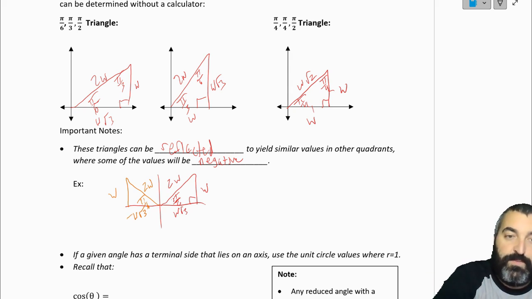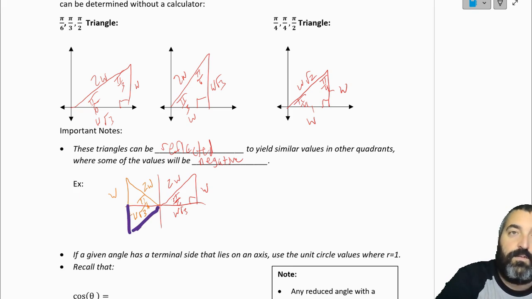And then I can flip the triangle upside down over the x-axis. Let me do a different color. I can flip it this way, and guess what? This is still negative w root 3. The hypotenuse is still 2w, and then this one would be negative w because it's going down, and the angle is pi 6.